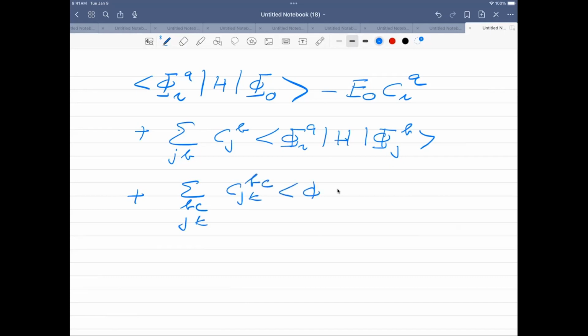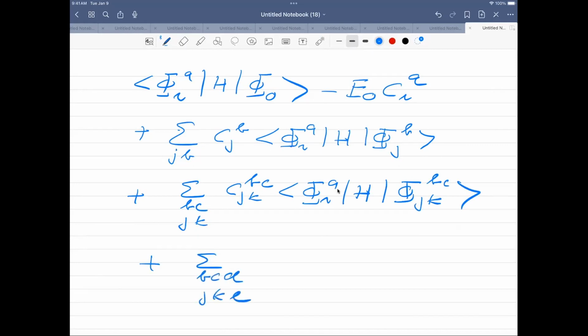And then I have my phi of IA of H. The E0 term disappears. So I have a JK and BC. And the final term involves a three particle, three hole excitation, which now implies a sum over all these indices here. C_JKL,BCD. And then I have my phi of IA, H, of phi of JKL, BCD.